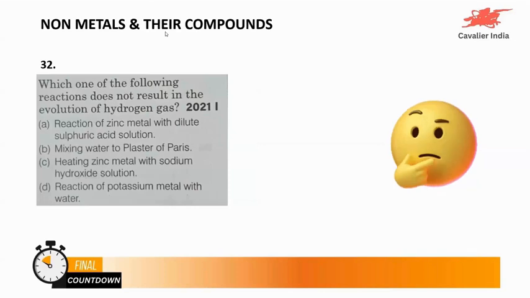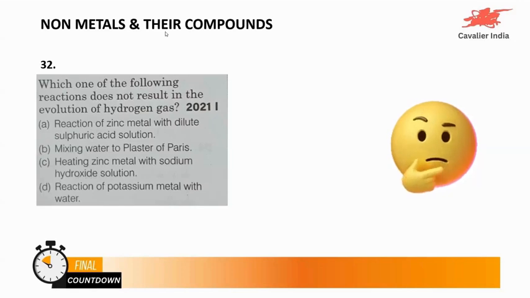Then, which one of the following reactions does not result in the evolution of hydrogen gas? Option A, reaction of zinc metal with dilute sulfuric acid. We have studied in the metals chapter that when most metals react with acid, hydrogen gas is liberated.